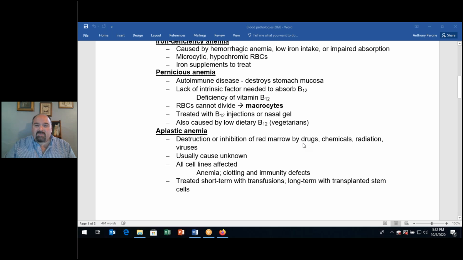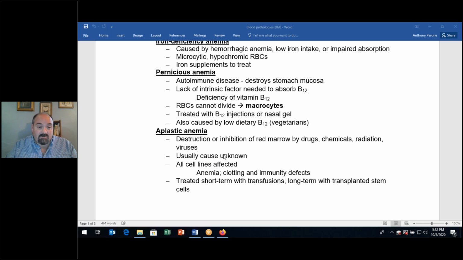Aplastic anemia, folks, could be as a result of exposure to radiation, or it can also be as a result of chemotherapy, okay? But also exposure to other chemicals, and as a result of some type of treatment. Viruses can also be a cause, an etiology of aplastic anemia, but many times the cause is not known.